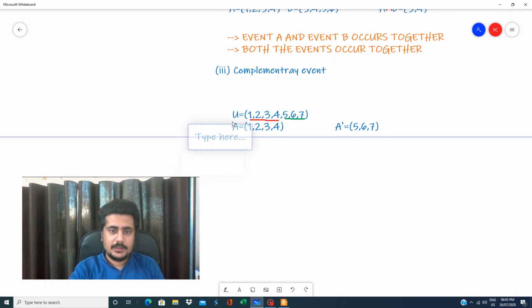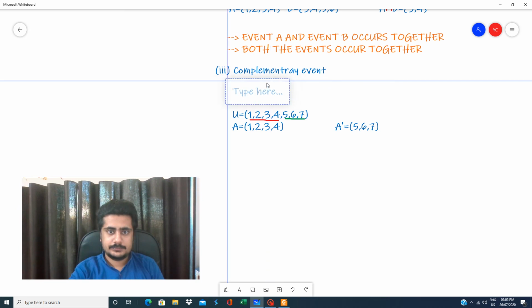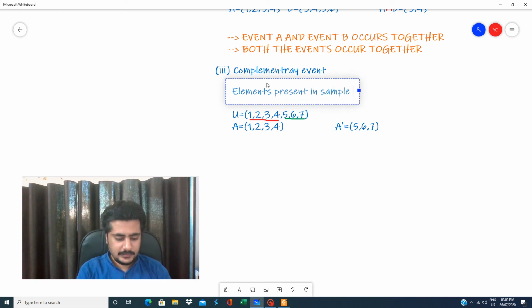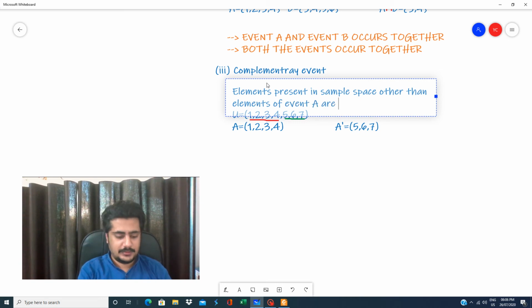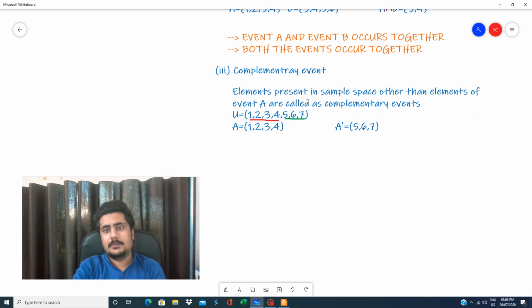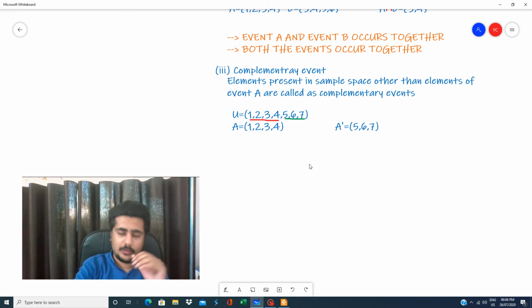So if I write in simple terms, elements present in sample space other than elements of event A are called complementary events.